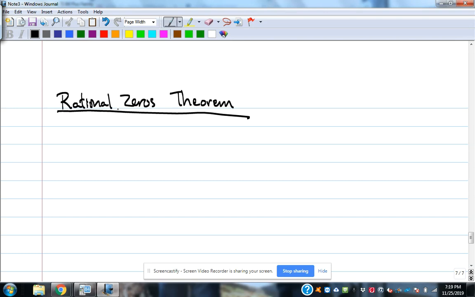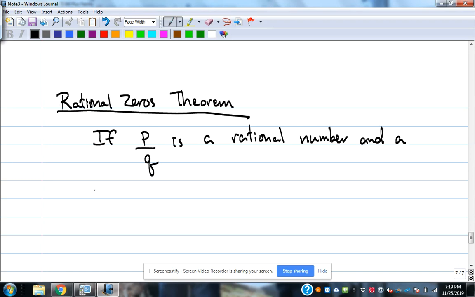So here's how it works. P over Q is a rational number and a zero of a polynomial. We'll call that polynomial f of x.